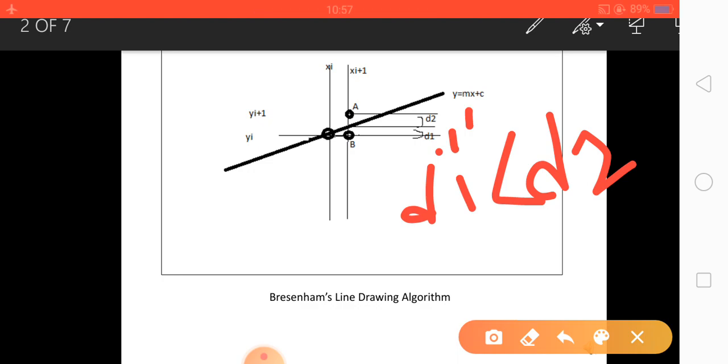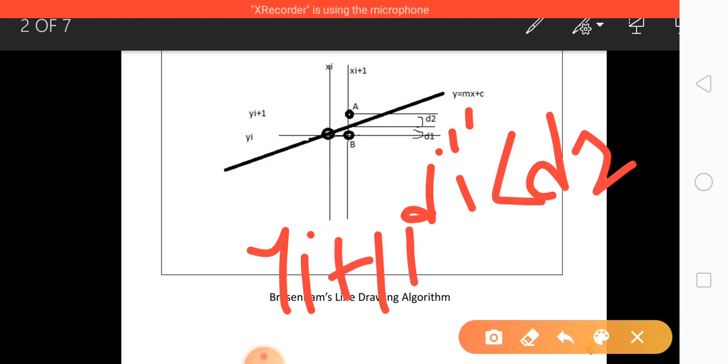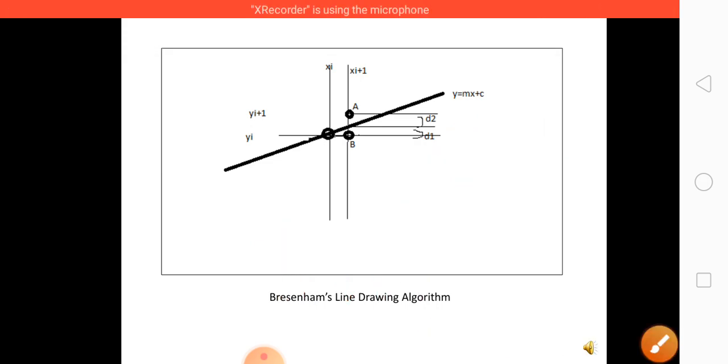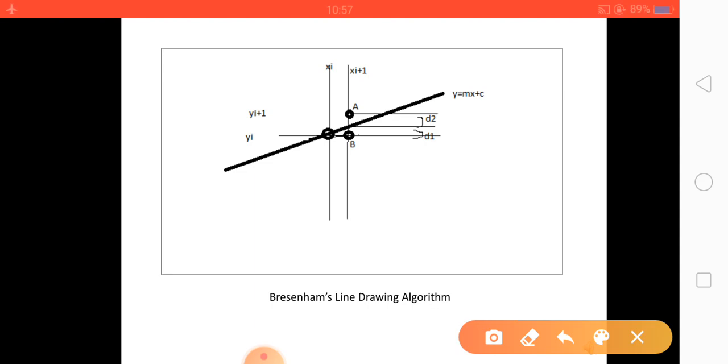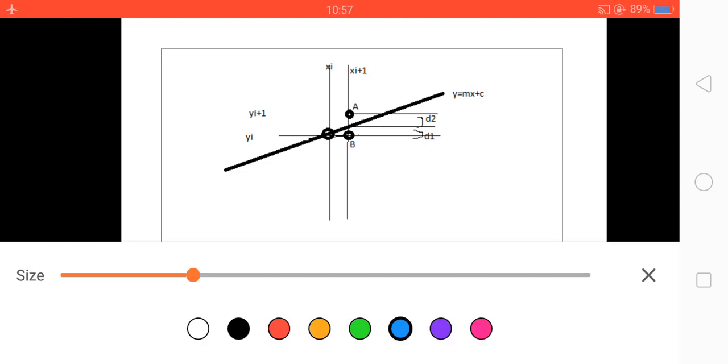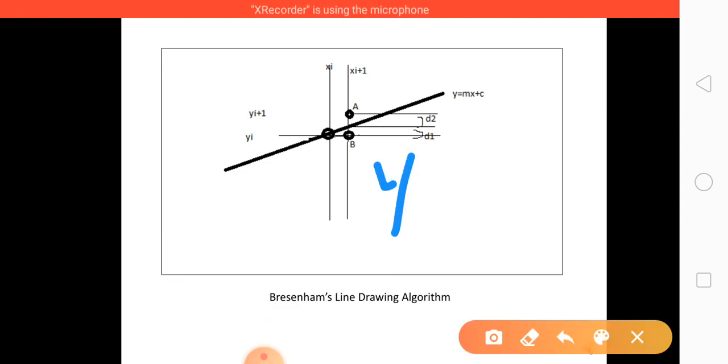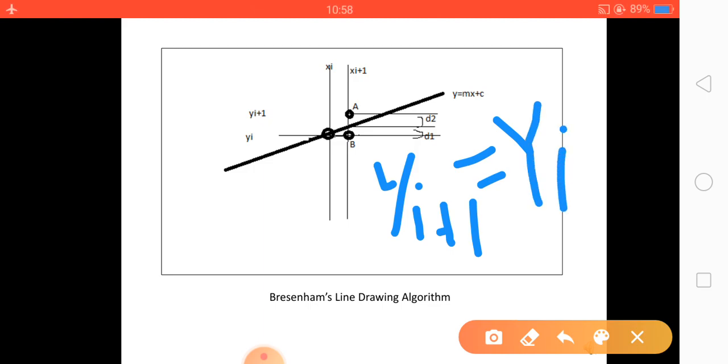Lower pixel is closer. So, yi plus 1 equal to what? If lower pixel is selected, yi.